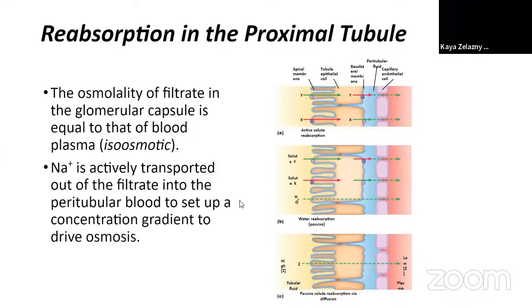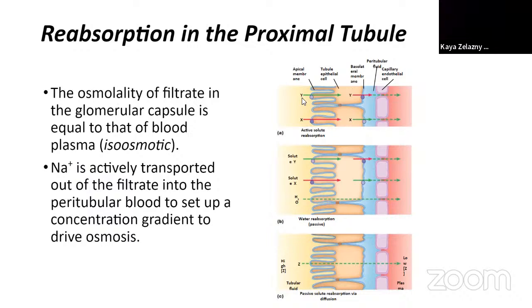So usually the osmolality of the filtrate in the glomerular capsule, so in that Bowman space, in that Bowman capsule, is going to be isoosmotic with blood plasma. So we said that we're going to start out at 300 milliosmoles. Okay. Sodium is going to be actively transported out of our filtrate and into the peritubular blood, so into those capillaries alongside, in order to set up a concentration gradient that drives osmosis.